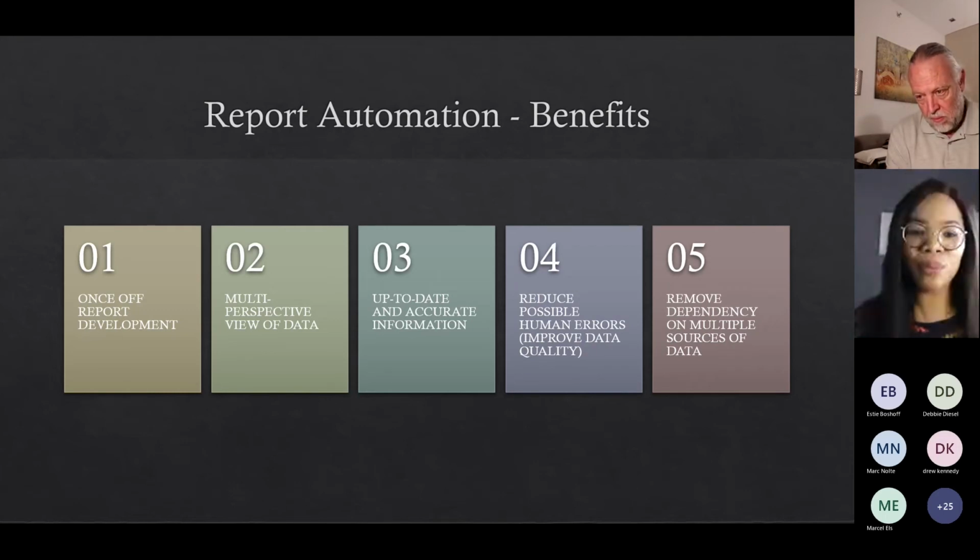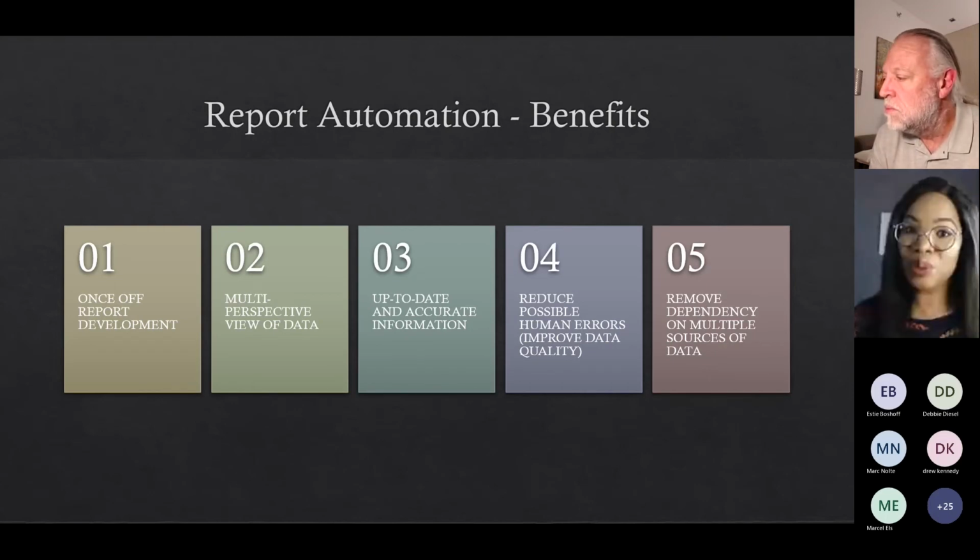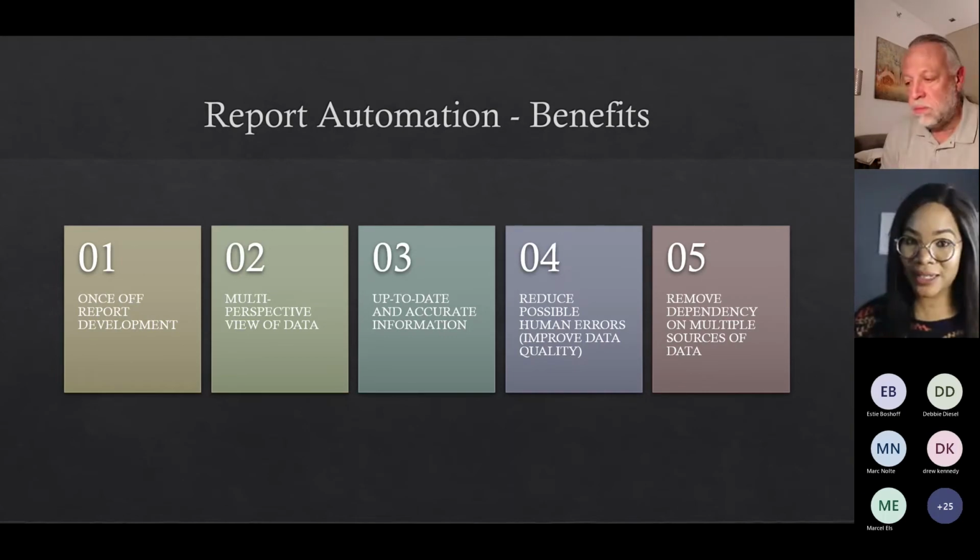And also you get up-to-date and accurate information, because remember, it's a project. There are analysts there. There are people who gather the requirements as well, could be the business analysts and also data analysts, people who will do what it takes to make sure that you get the right data.